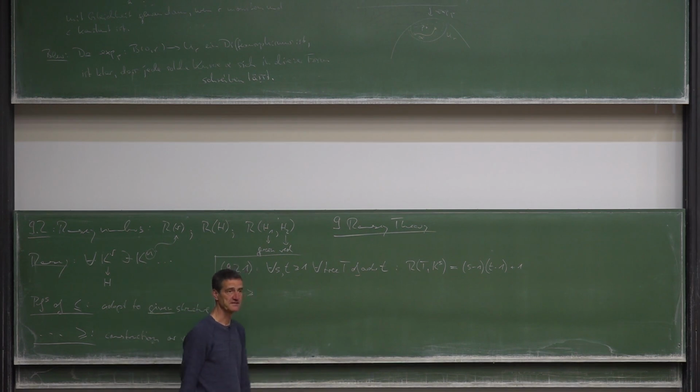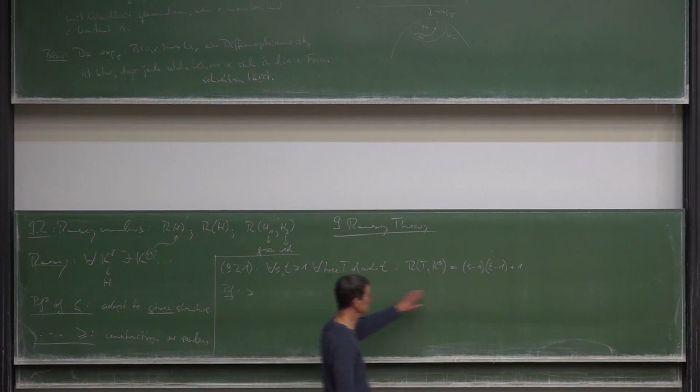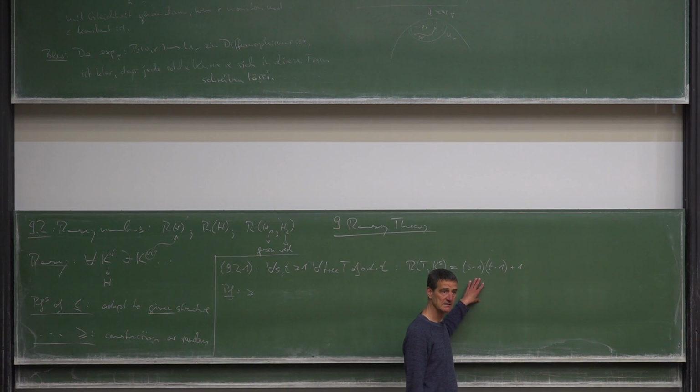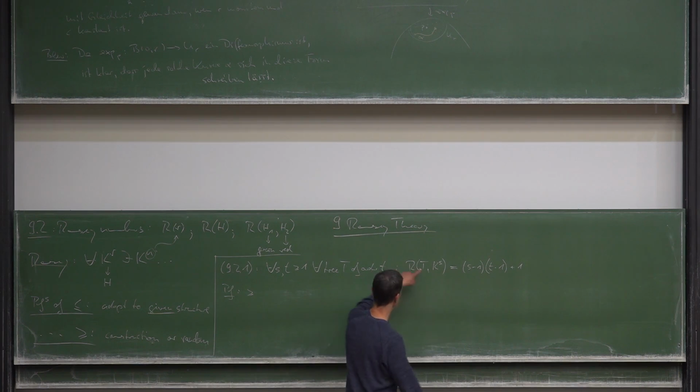Let's do the construction first. So we want to show that we need at least this many vertices in G, so that G contains a copy of T, or the complement contains a copy of Ks, so G contains T or has s independent vertices.